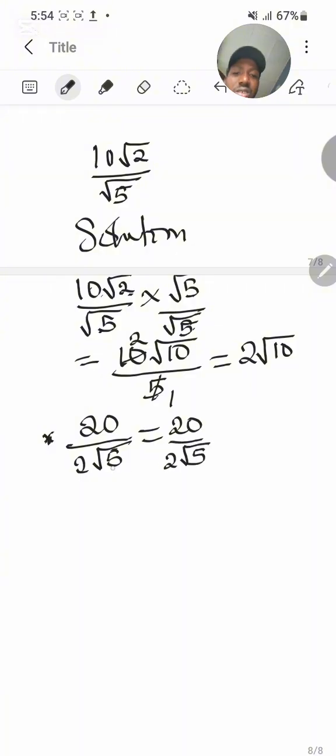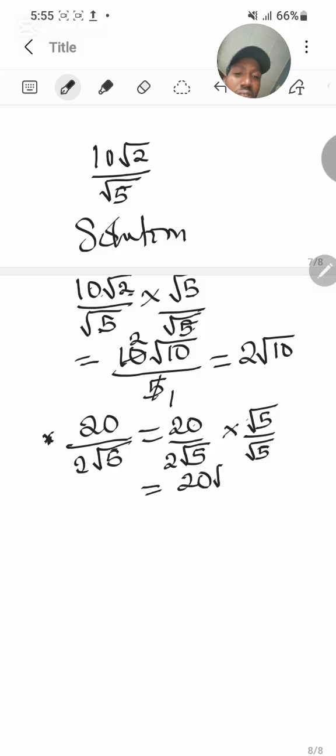You find out that this denominator, surd 5, is carrying a 2 beside it. So when I want to multiply both the numerator and denominator, all I still need to use is the surd 5. You don't need to carry the 2 along with it. Just use that surd component alone. That part that is carrying the root, that's surd 5 over surd 5. So we have 20 times surd 5.